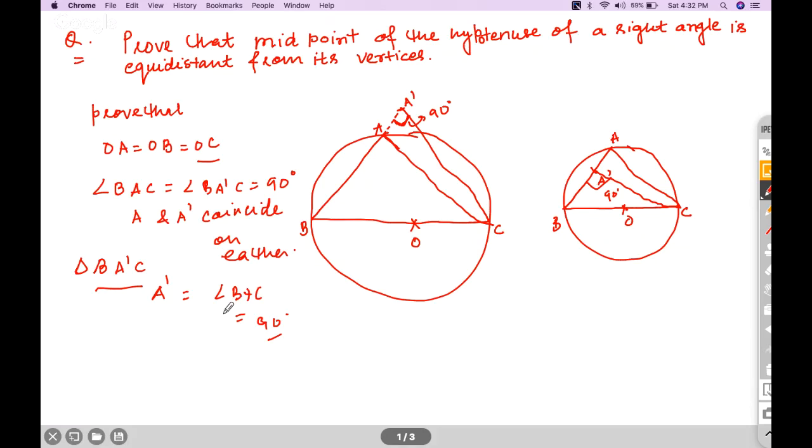And what happens is, any exterior angle cannot be equal to its interior opposite angles. So it means that A dash and A will have to coincide.